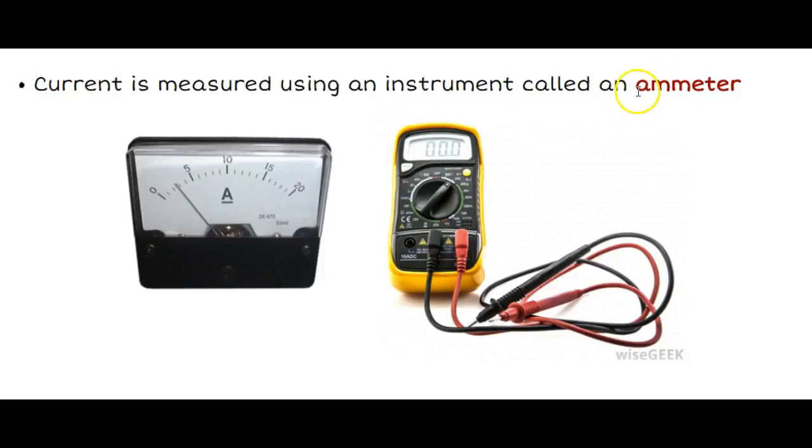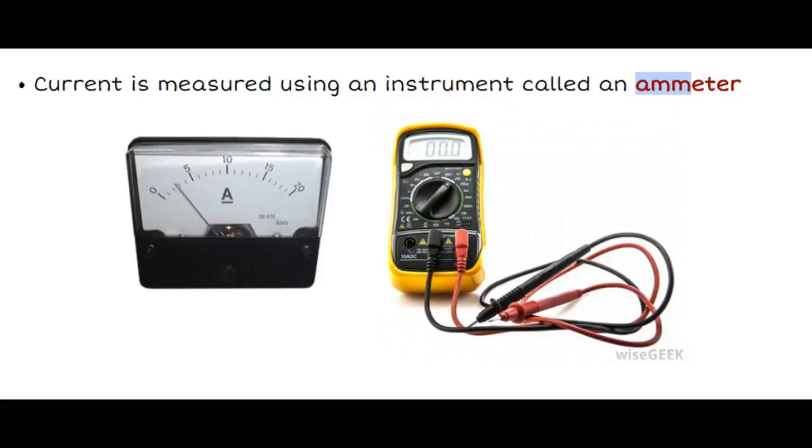You can see that the prefix am sounds sort of like ampere. Here's an example of an analog one, and here's an example of a digital one. We have both of these in class, and when we come to class, or whenever we get to meet, we'll be able to see how these function.